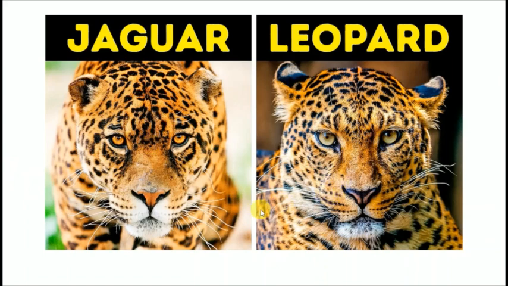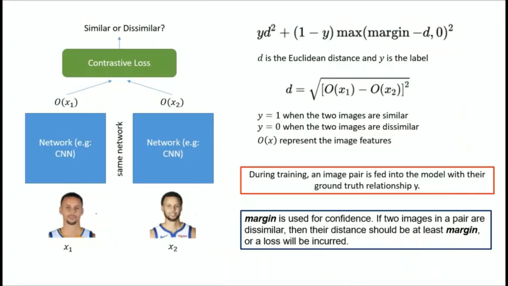But when you introduce the margin, you're ensuring that these two images are at least as far apart as the margin that we're defining. Maybe this example would be quite hard for the model because they're very alike, even though they still have some different features. However, the global context is still very similar. So this is the objective of using a margin.